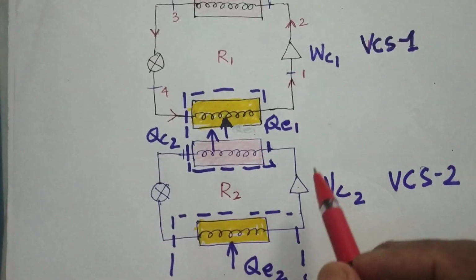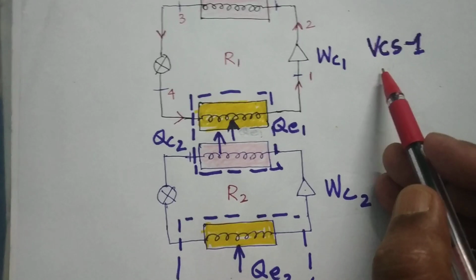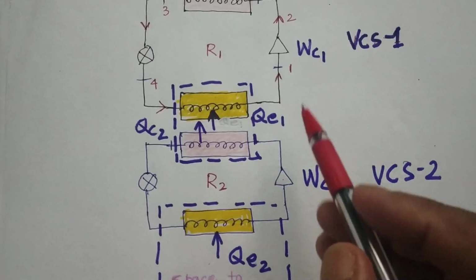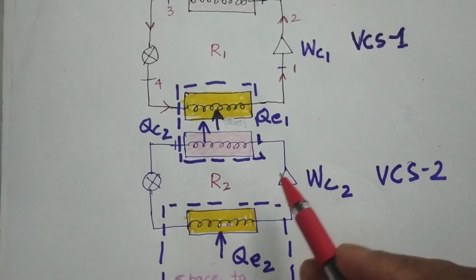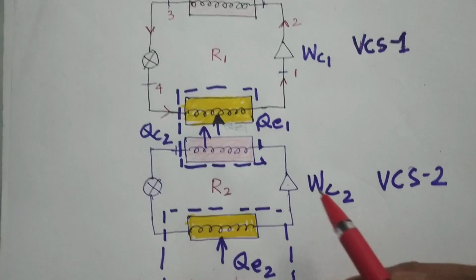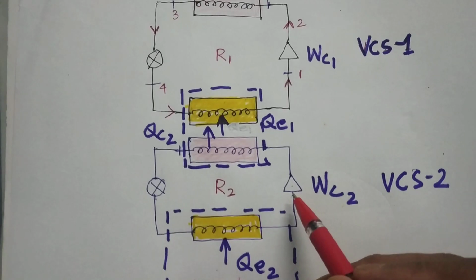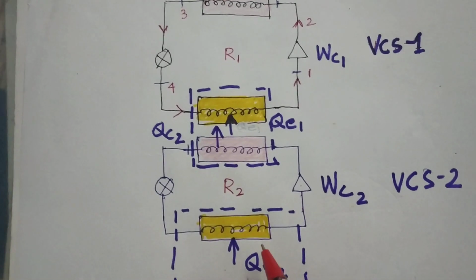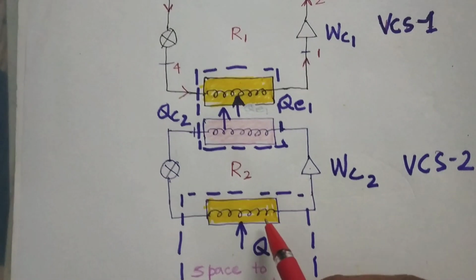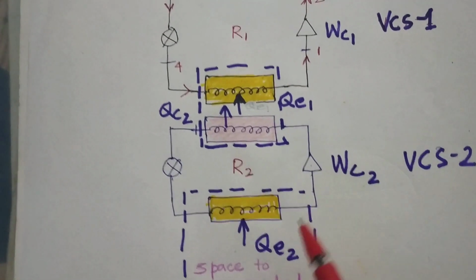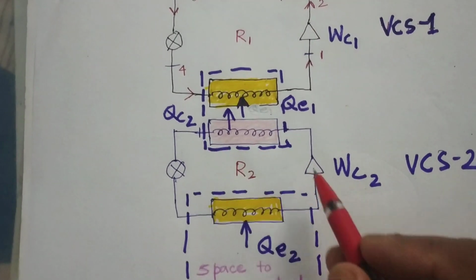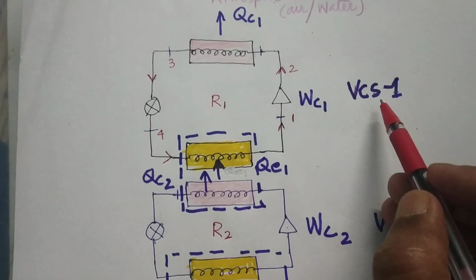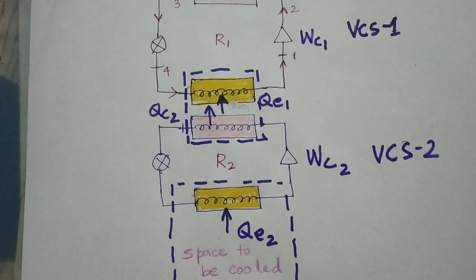This compressor is different in the sense that this is vapor compression system 1 and this is vapor compression system number 2. So WC2 represents the compressor work done by vapor compression system 2, and QE is the amount of heat absorbed by vapor compression system 2. So 2 represents vapor compression system 2 and 1 represents vapor compression system 1.